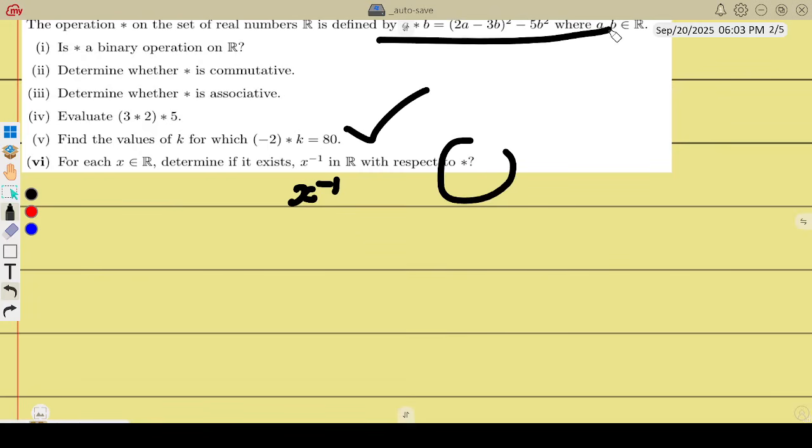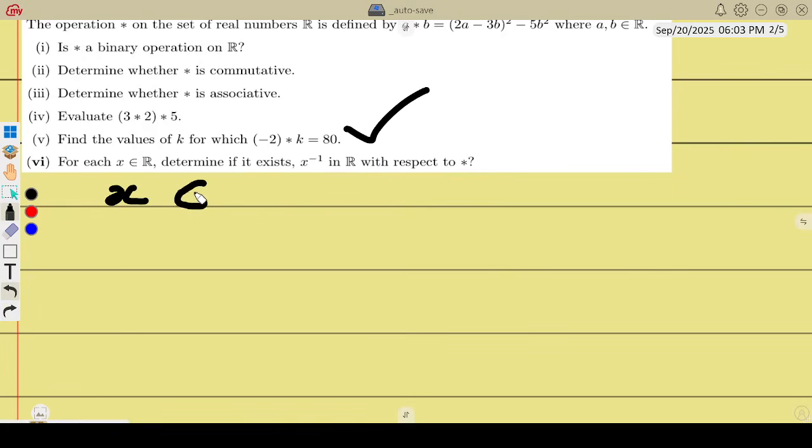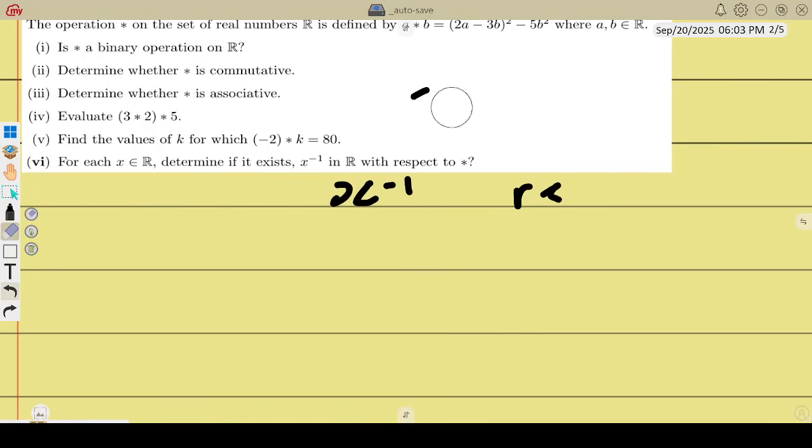So given this operation, does it have an inverse? That's the question. They're just asking, does the inverse exist?